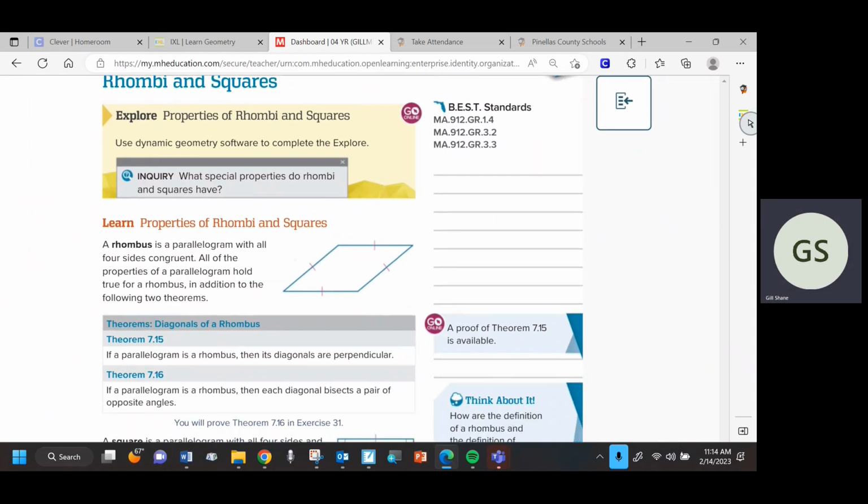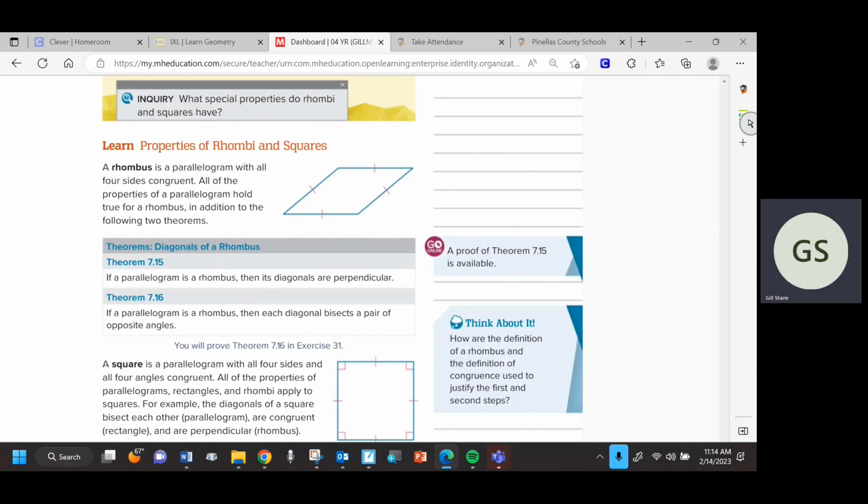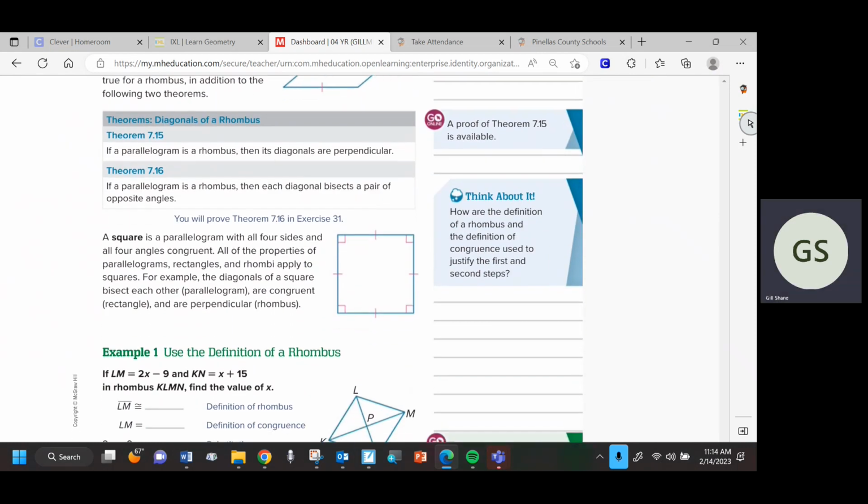All right, so we're on the rhombi and squares thing. Just like we've done every lesson, we're going to add a couple more things. There's one main addition for when we go from a rectangle or a parallelogram into a rhombus or a square.